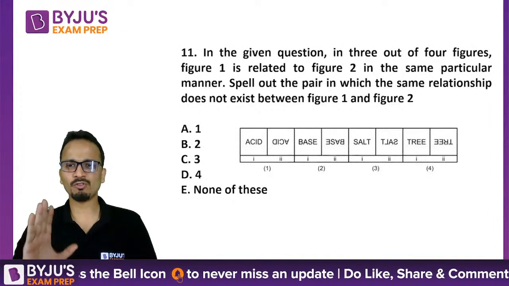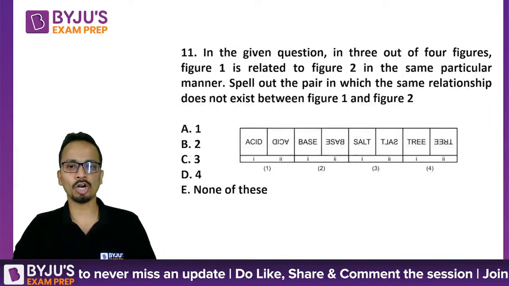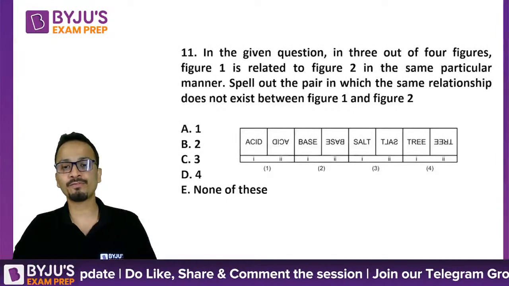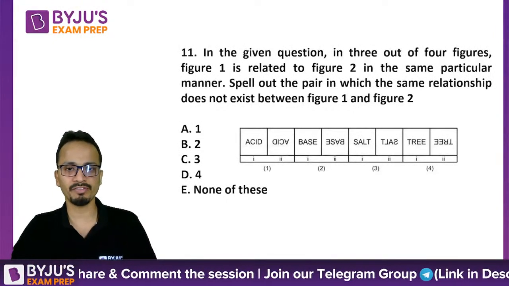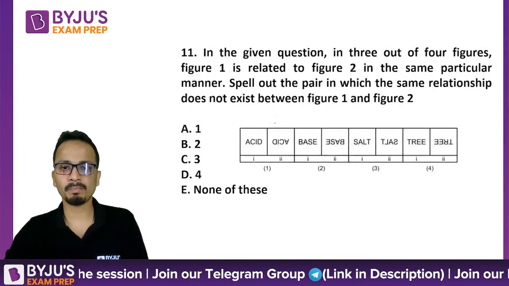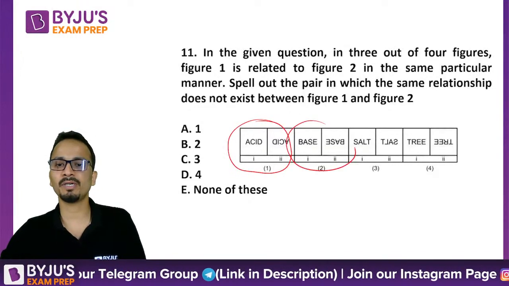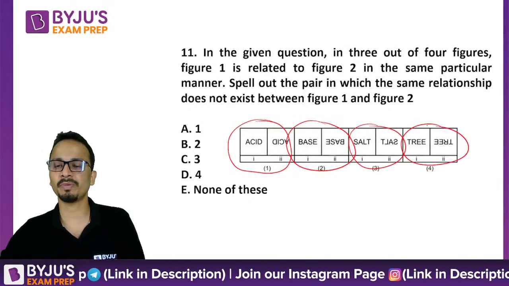Basically, in simple terms, you have to find the odd one out. So there are four pairs of figures given. This is pair number 1, this is pair number 2, this is pair number 3, and this is pair number 4.